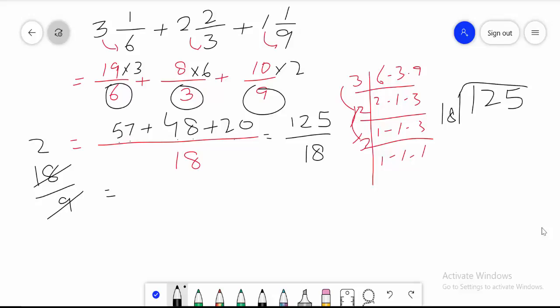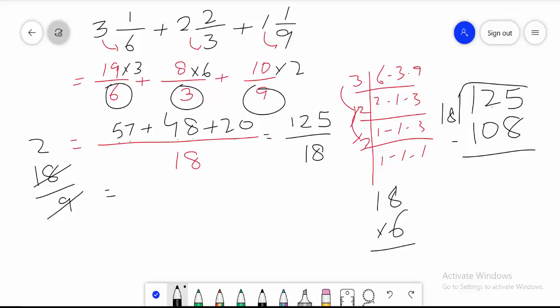So in this way we need to multiply 18 with any number whose answer is equal to 125 or less than 125 but not greater than 125. 18 multiply by 6, you will get 108. If we multiply with 7 that would exceed 125. So we restrict ourselves to 18 multiply 6.